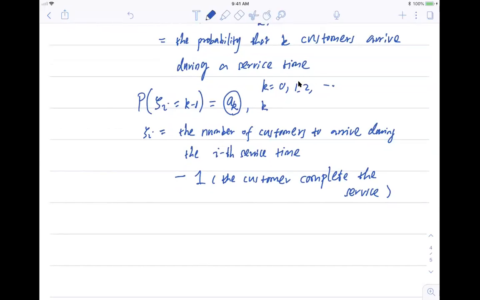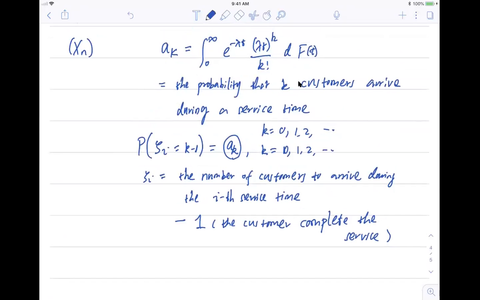Here k equals 0, 1, 2, etc. So what is xn? Let's set x0 equals to x, where x is an integer. Then xn plus 1 is just equal to xn, the original amount of customers waiting, plus the new arrivals, minus the original number getting served.